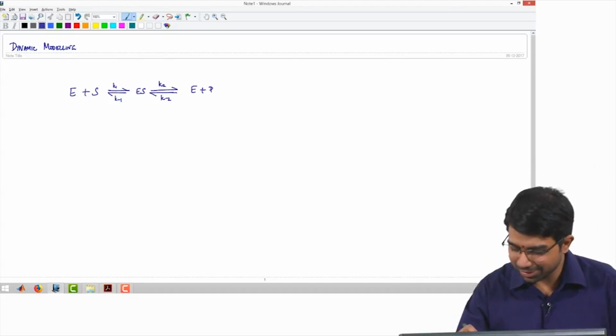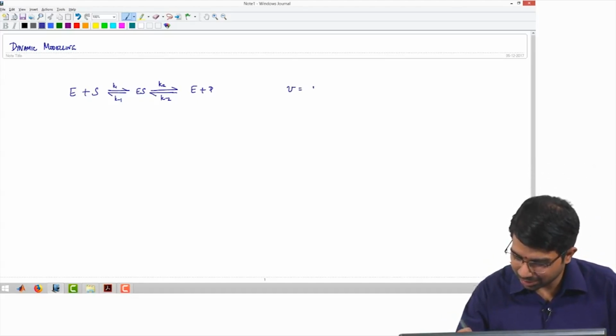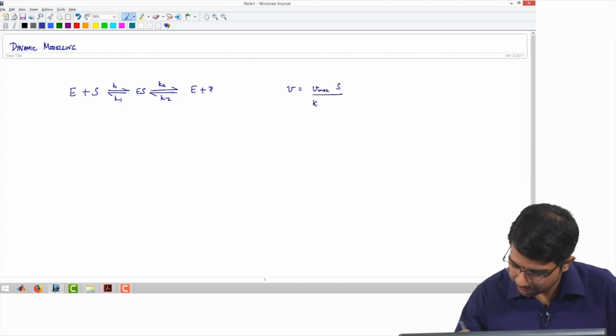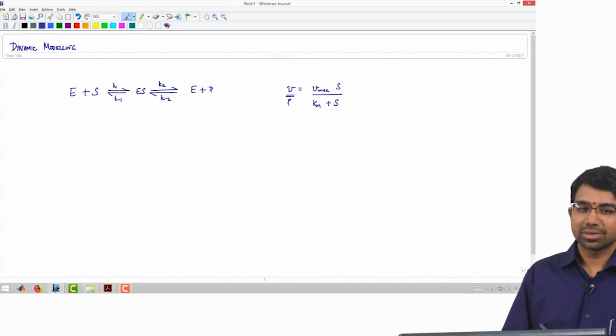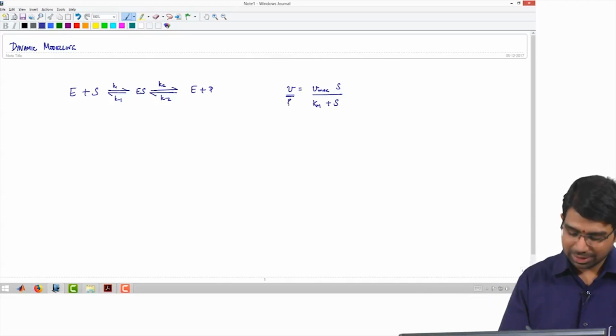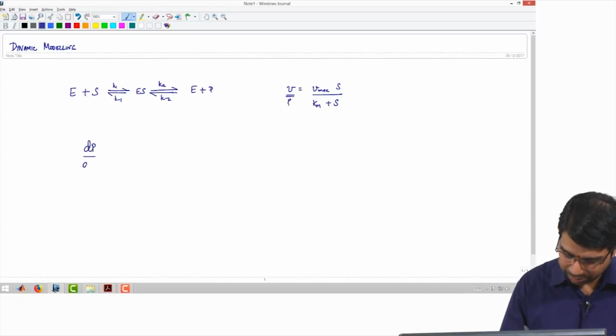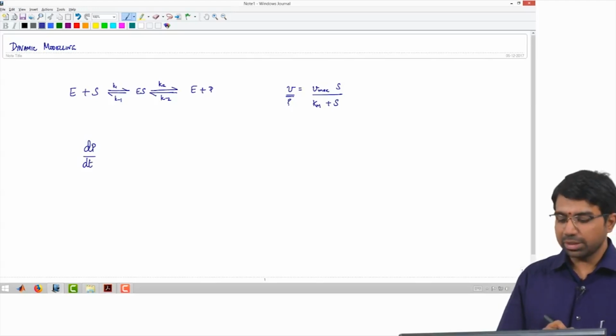You may all be familiar with this, right? V equals V max into S by Km plus S. What is this V? Rate of what? dP by dt. So, what is dP by dt?